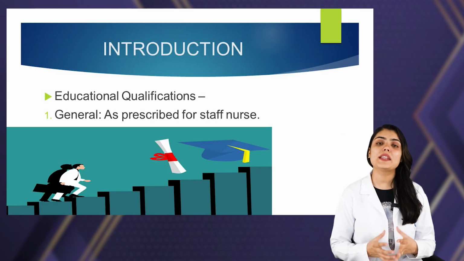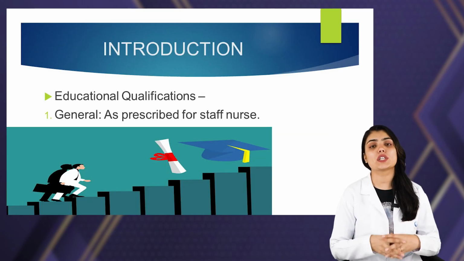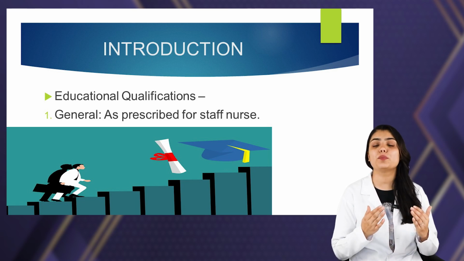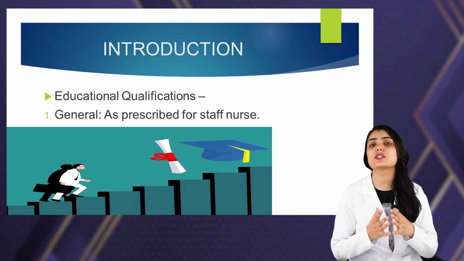We are going to see in detail what the education qualification required for the principal of nursing is and the various roles and responsibilities that are carried out by the principal of nursing. Let us begin with the education qualification. To become a nurse itself, we have to first complete the pre-university course, which is the schooling.